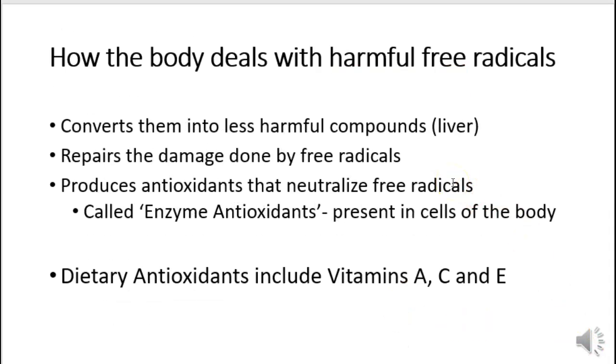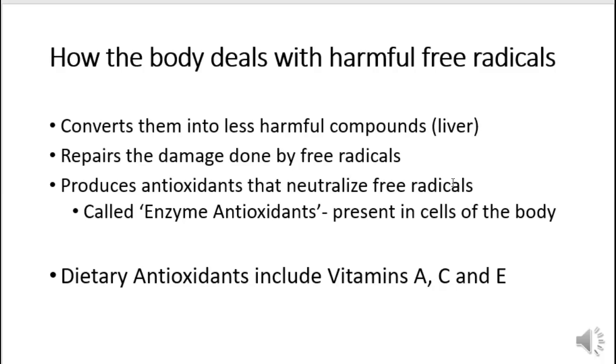The body can deal with any free radicals that normally occur through our metabolic reactions. First, it can convert them into less harmful compounds. The liver cells do that. Also, there are lots of repair mechanisms in various cells throughout the body that repair damage done by these free radicals.